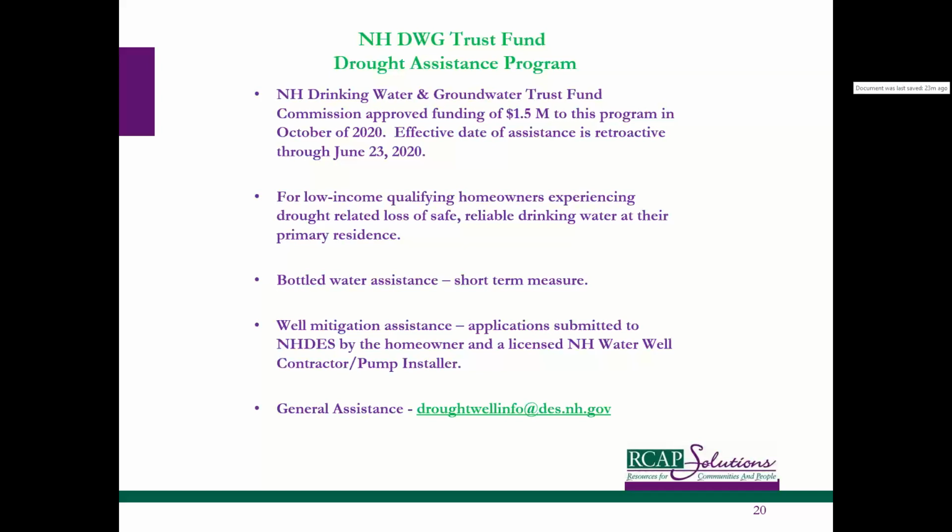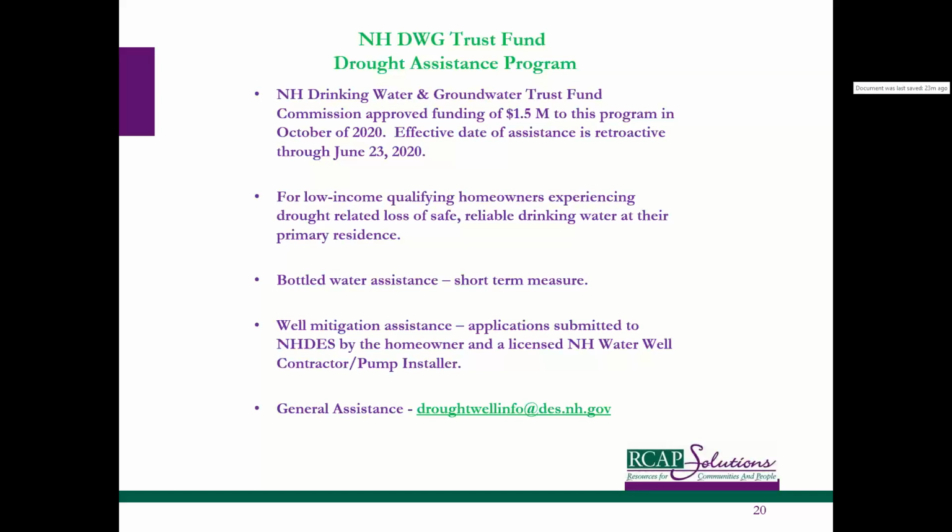This program is for low-income homeowners who are experiencing drought-related loss of safe, reliable drinking water at their primary residence. For well mitigation assistance, applications need to be submitted to DES by both the homeowner and a licensed New Hampshire water well contractor or pump installer. And I've provided an email address at the bottom of the slide if you're looking for general assistance there.